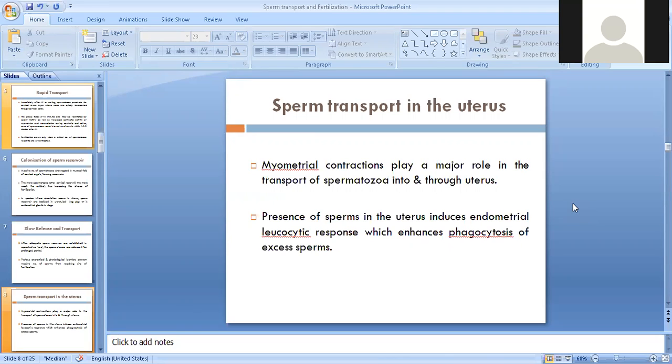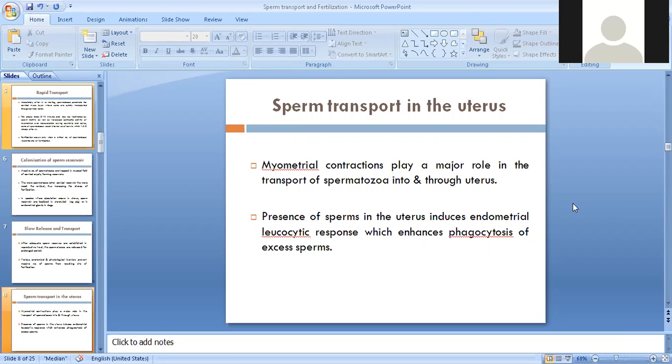Because normally, the leukocytic response is activated in the body generally whenever any foreign body enters, the leukocytic response gets activated. So these sperms are foreign to the female body. The introduction of these sperms into the uterus induces the endometrial leukocytic response as they are foreign bodies to the female genitalia.